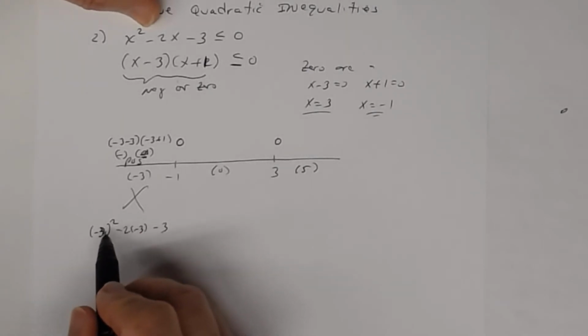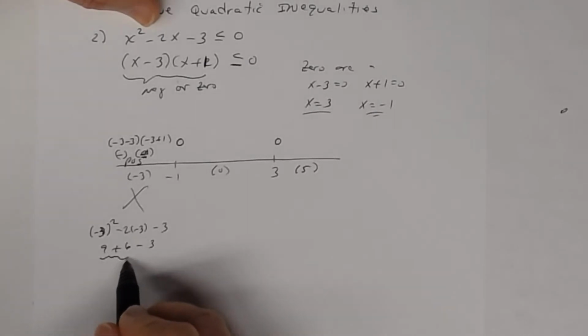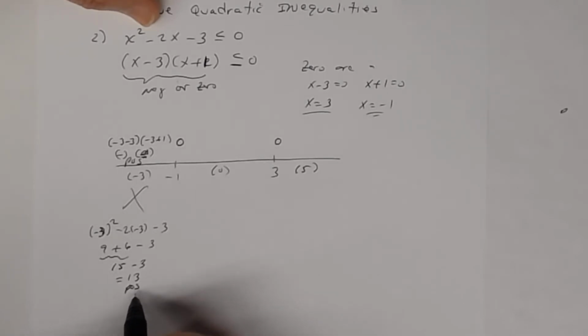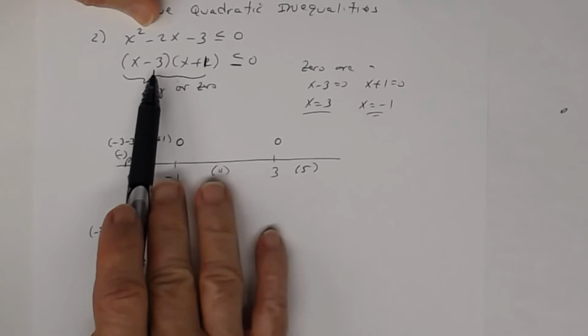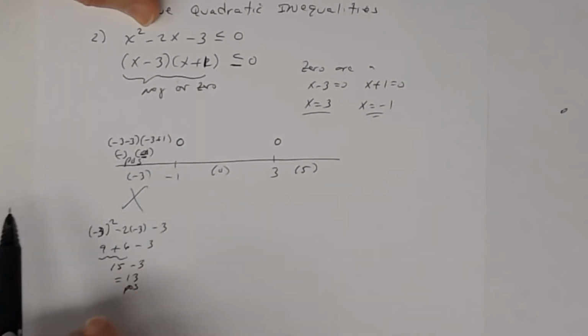Well, -3 squared is 9. -2 times -3 is a positive 6, and then minus 3. 9 plus 6 is 15. 15 minus 3 is 13, and that's positive. And that's what we saw here. Okay? All right. But assuming you factored correctly, I would do it this way. It is so much quicker.